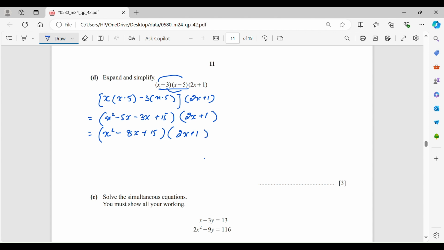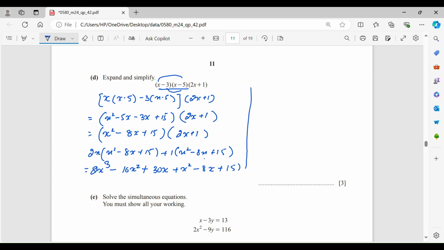Now 2x will be multiplied with this whole, x square minus 8x plus 15, and plus 1 is multiplied by this whole. This will be 2x cube minus 16x square plus 30x plus x square minus 8x plus 15. Now 2x cube will be as it is.